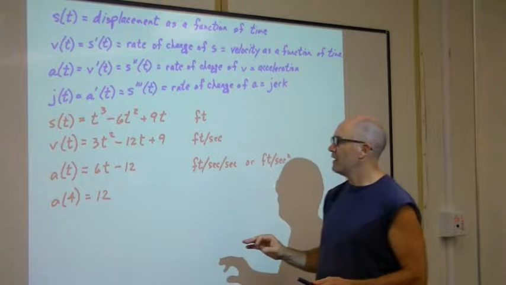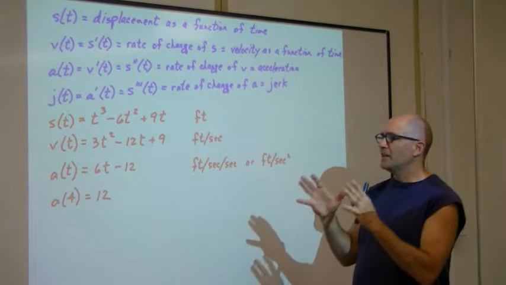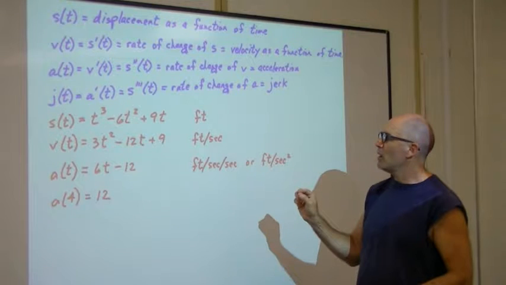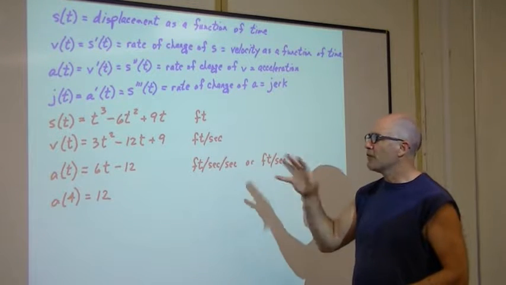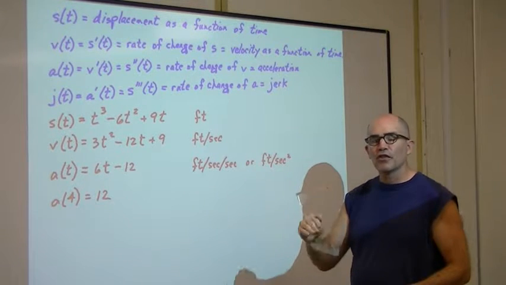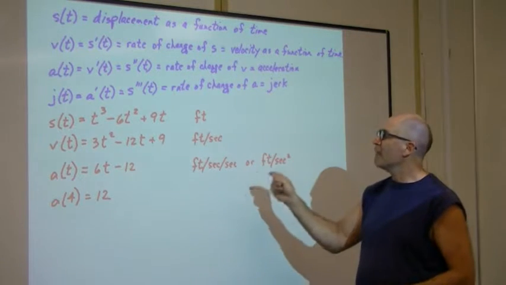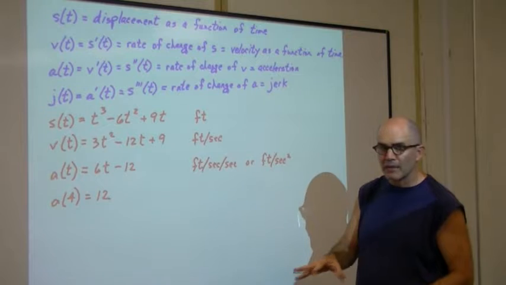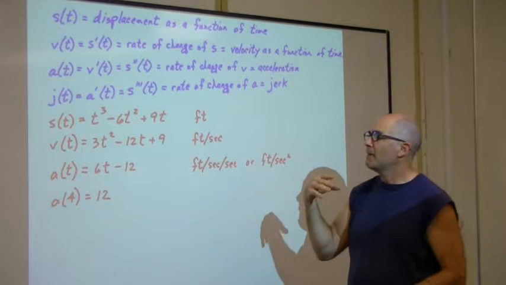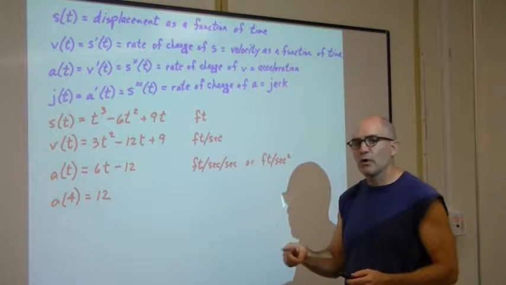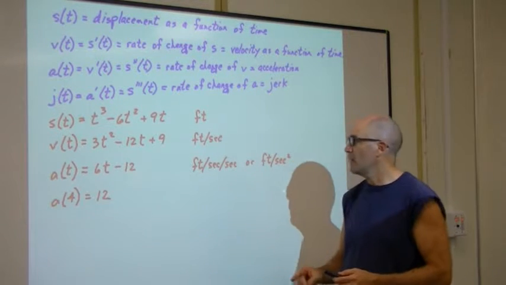What that means is, when I start to fall, after the first second, I'm falling 32.174 feet per second. And every second after that, my fall rate increases by 32.174 feet per second.